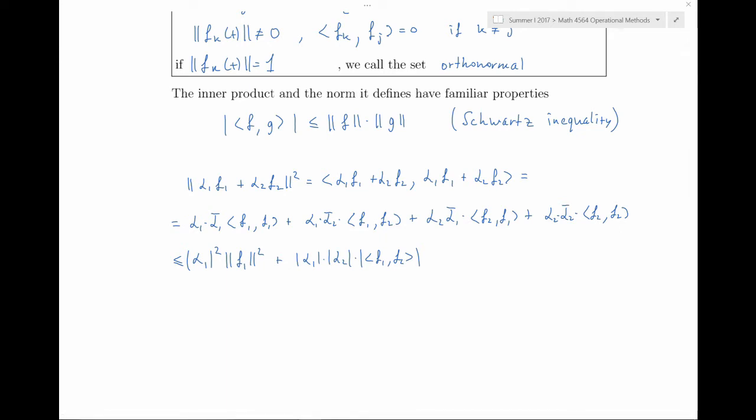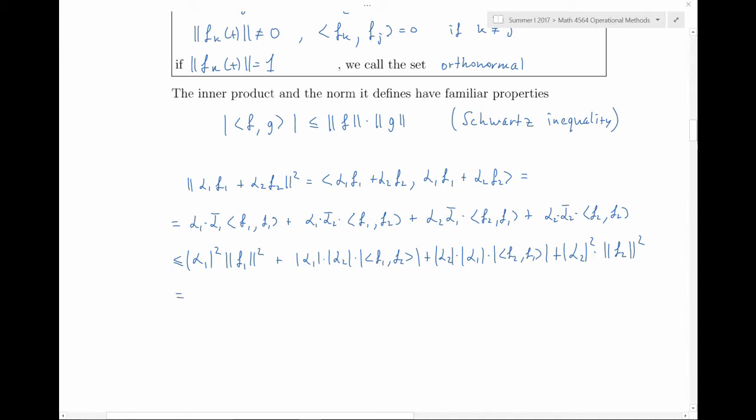Taking the absolute values of these numbers will only make them bigger, and that's why I have the inequality now. Plus absolute value of alpha 2 times absolute value of alpha 1 times the absolute value of the inner product of f2 with f1, plus the absolute value of alpha 2 squared times norm of f2 squared.